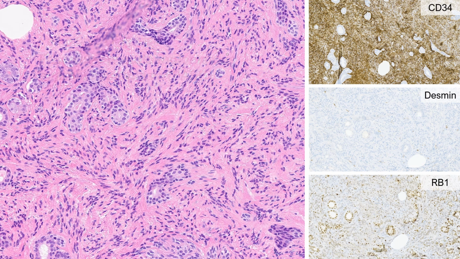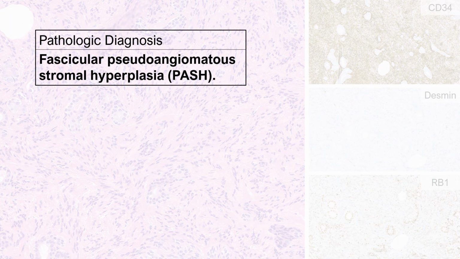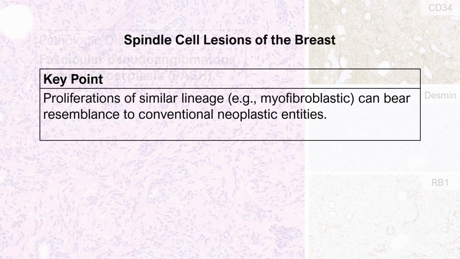The collective findings were taken to support a diagnosis of fascicular pseudoangiomatous stromal hyperplasia, or PASH. To me, this emphasizes a point that proliferations of a similar lineage, i.e. those that are myofibroblastic in origin, can bear resemblance to conventional neoplastic entities.